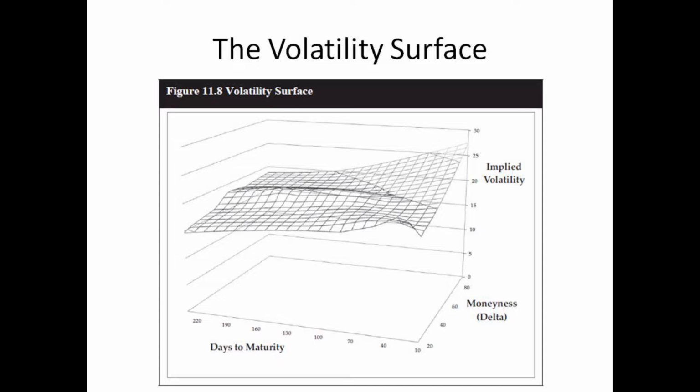And so you're able to look on there and see which options are expensive, which ones are cheap relative to each other. You're also sometimes able to see whether big events are expected with a stock. So for example, if a big volatility event is expected to come up quite soon, you might see a big hump in the volatility surface relating to that.